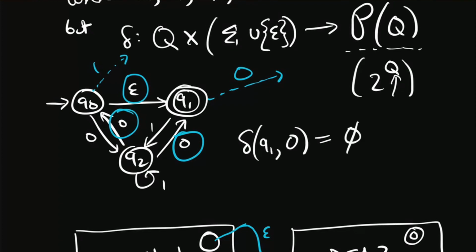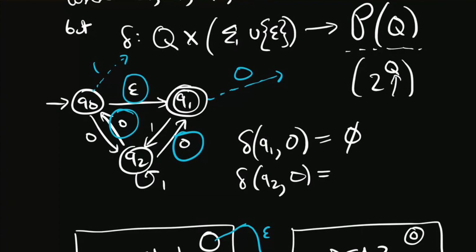Yep, cool beans. Let's do one more so that we get something other than empty. What about Q2 on input 0? In other words, what are all the states I can reach from seeing a single 0? Well, from the diagram we have a transition that goes up to Q0 and one that goes to Q1.